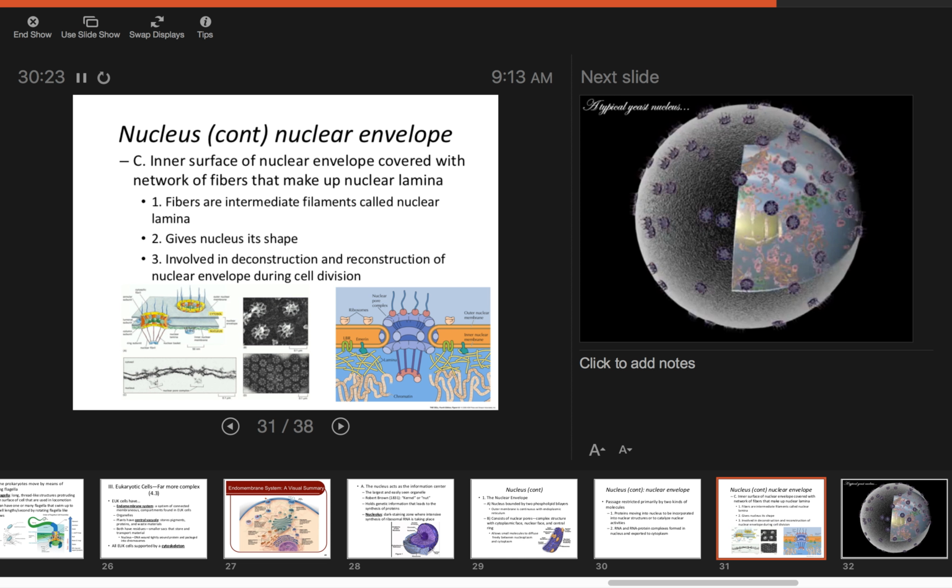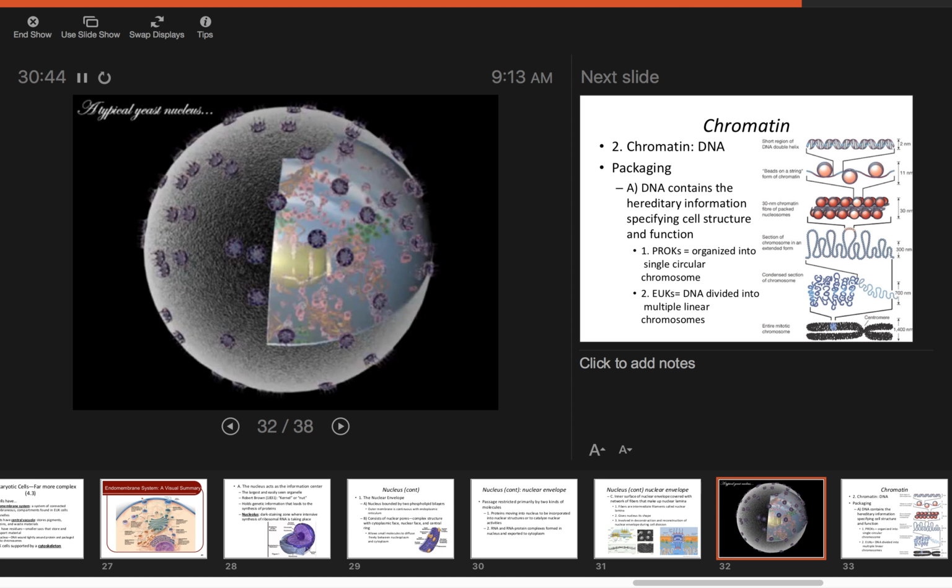These tentacles move, and when things get close enough, they grab it and shove it through the hole, through the basket. It's like playing basketball with itself, or dunking, I don't know. These fibers are intermediate filaments called nuclear lamina, which give the nucleus its shape and are involved in deconstruction and reconstruction during cell division. So here's that trippy video.